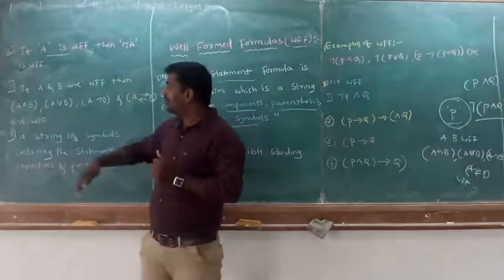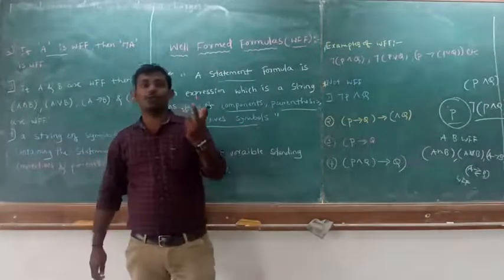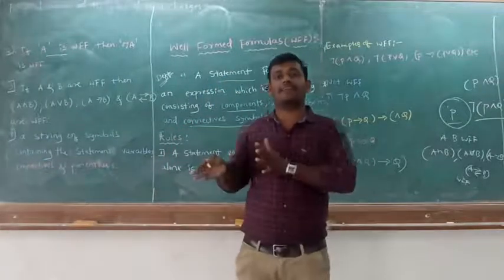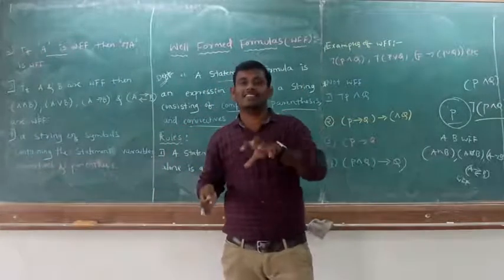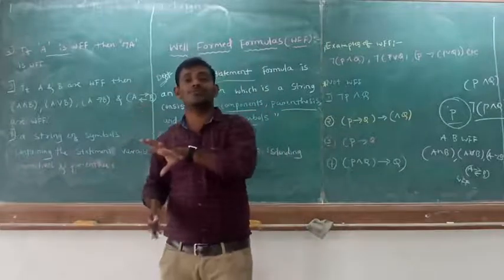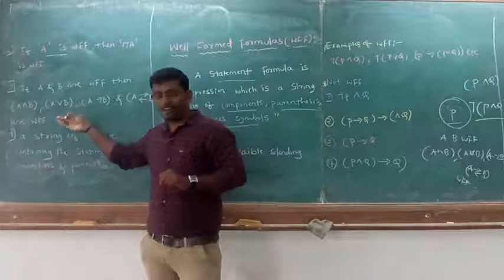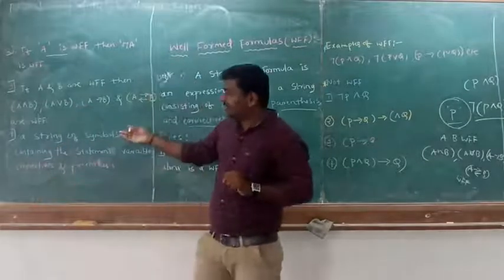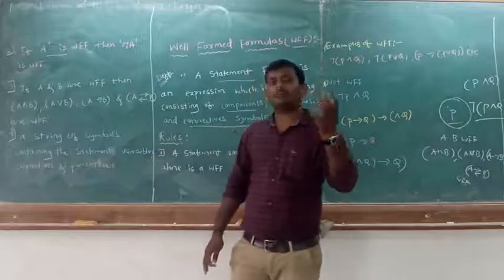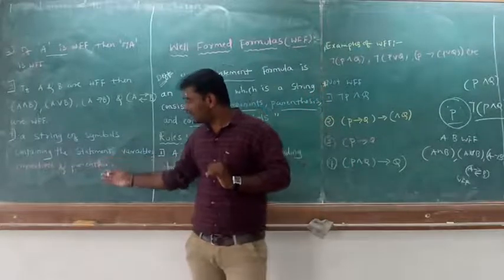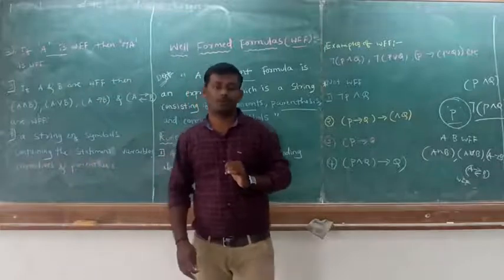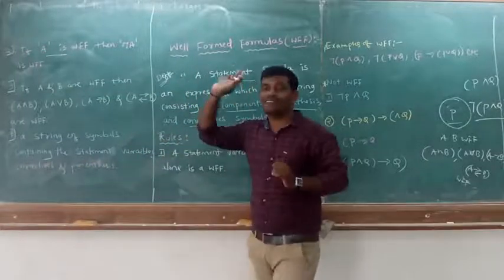Third rule: if any two primary statements are well formed formulas, then joining them with the connective symbols, conjunction, disjunction, conditional, biconditional, gives well formed formulas too. And the fourth rule is any string consisting of variables or primary statements plus connective symbols plus parentheses. So the fourth rule is the definition of a well formed formula.